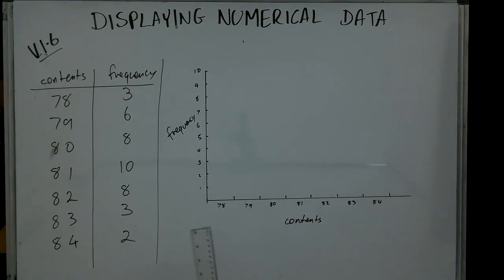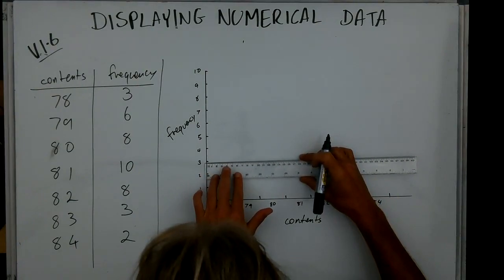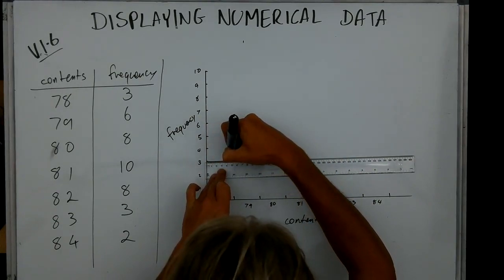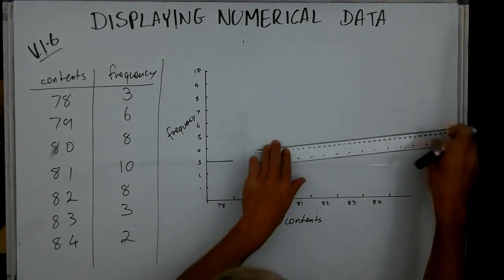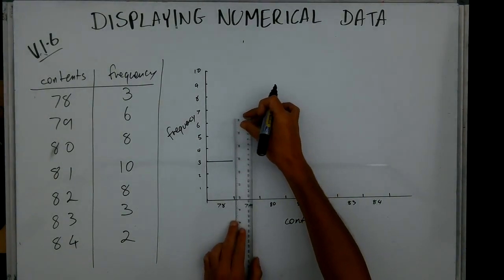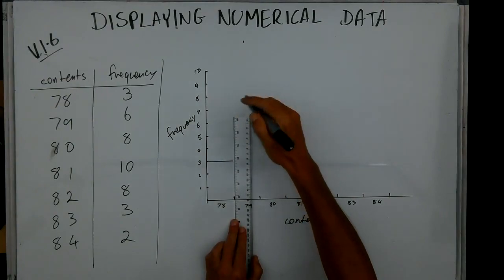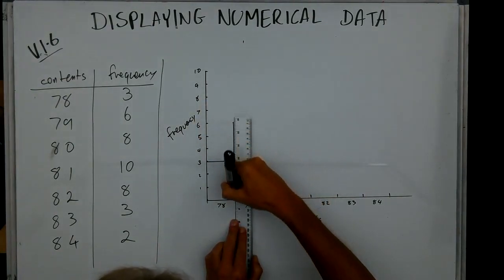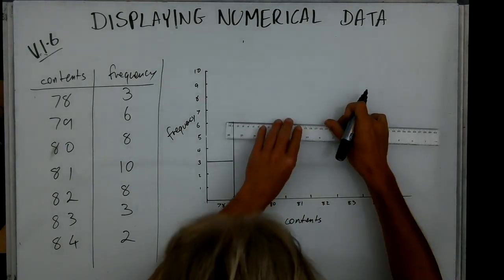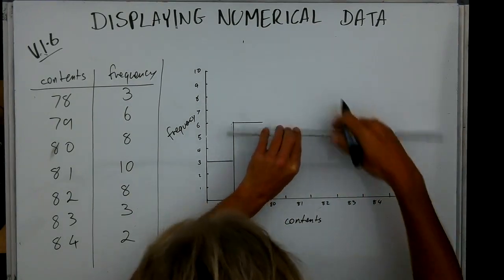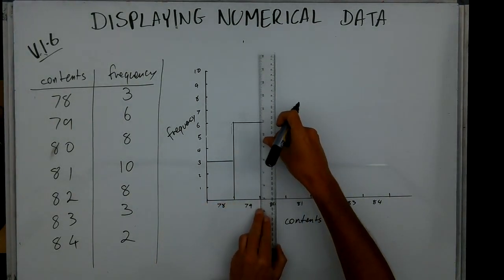So all that needs to be done is, first one, 78, has 3. I'm going to use a line, so the next one goes up to 6. The next one goes up to 8.